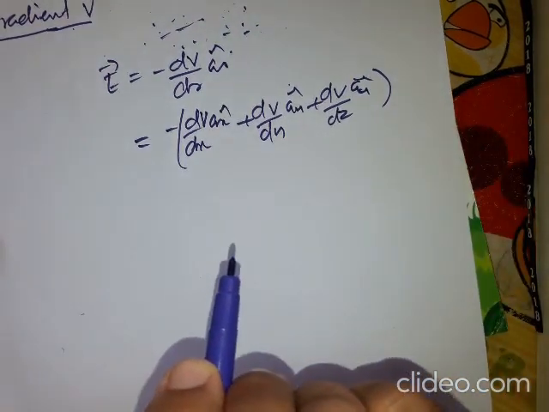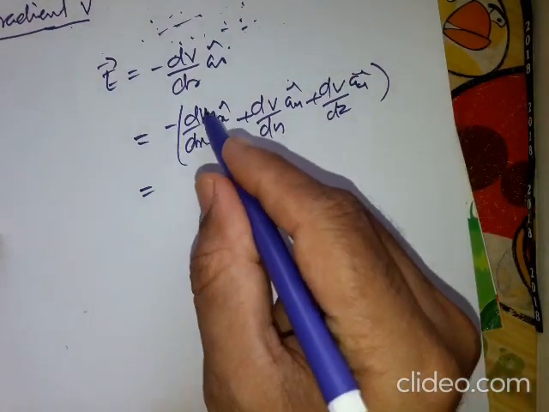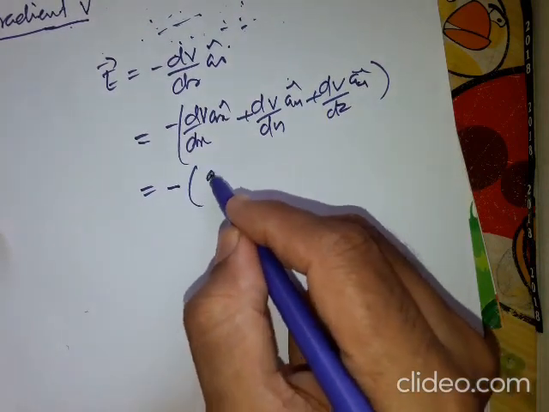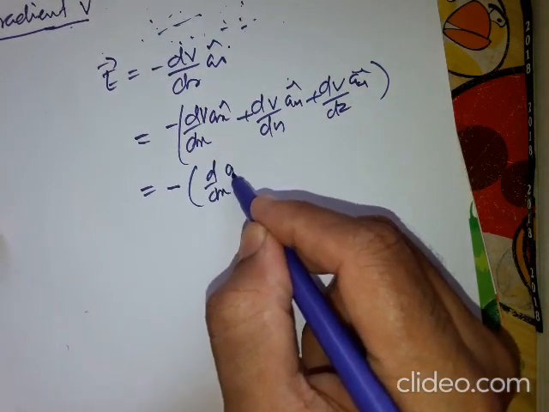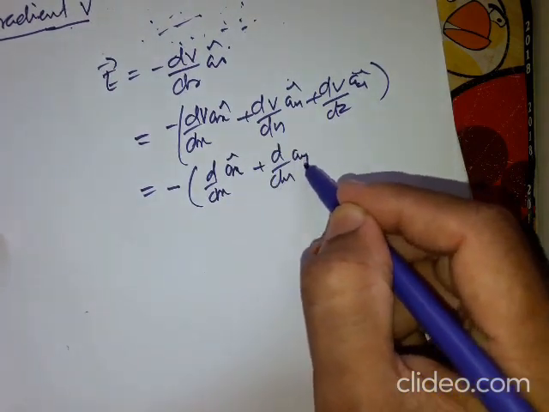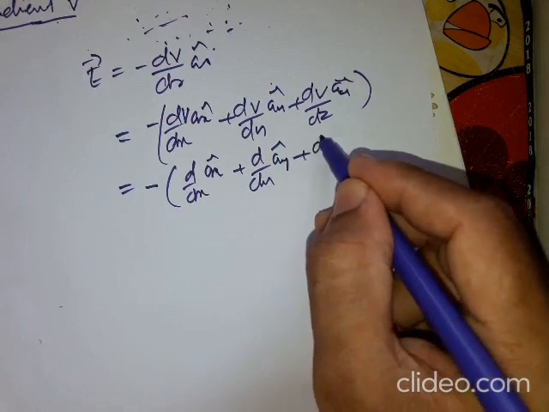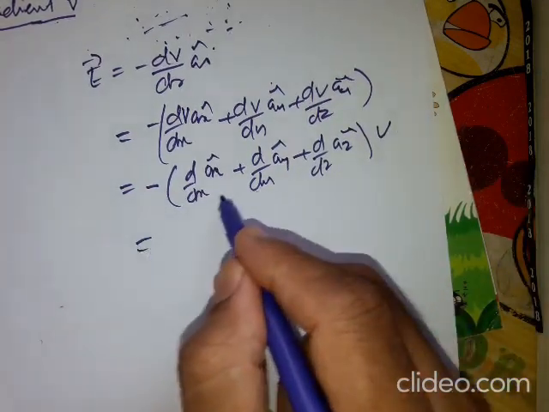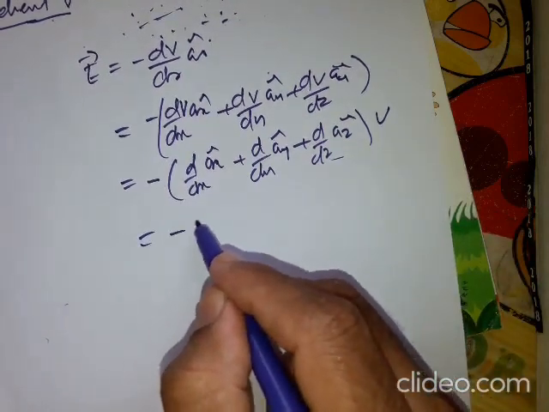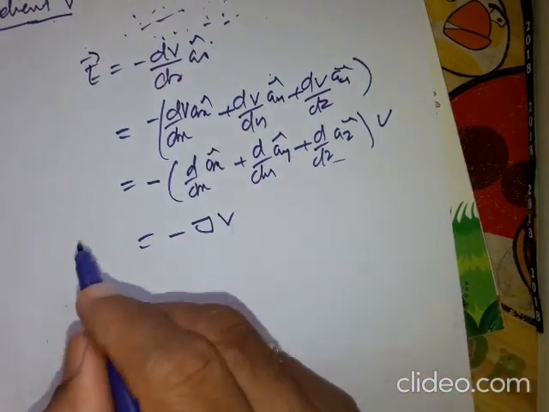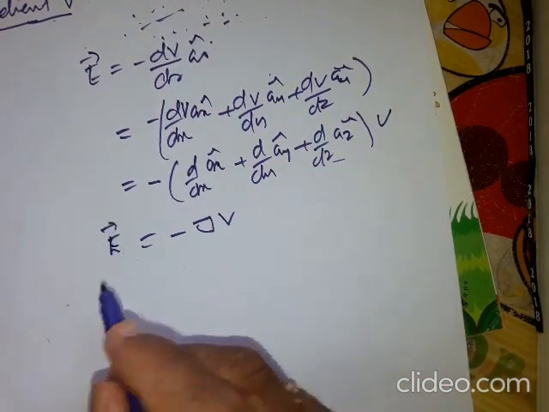So this is how we can write it, and we can take out this V. It becomes minus d by dx AX cap plus d by dy AY cap plus d by dz AZ cap into V. You know that this is known as del, so minus del V. This we call the negative gradient of V, and this is equal to the electric field.